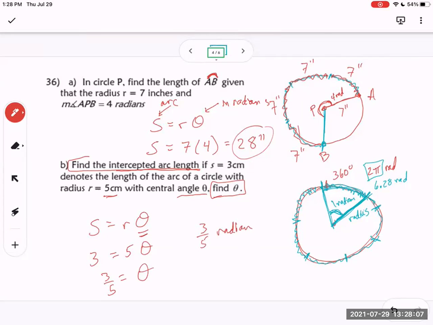Now, if they asked you to find it in terms of degrees, then you would take the radians right there, because remember, this formula only works for radians, not degrees. Then you would take this answer and convert it to degrees by multiplying it by 180 degrees over pi radians, which is a conversion factor. Okay, but they didn't ask you to do that.